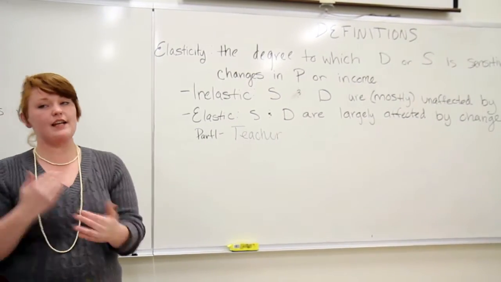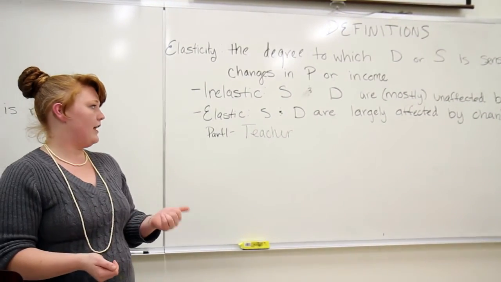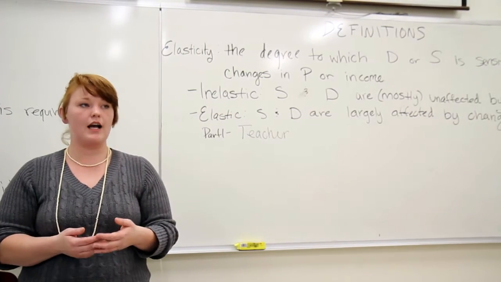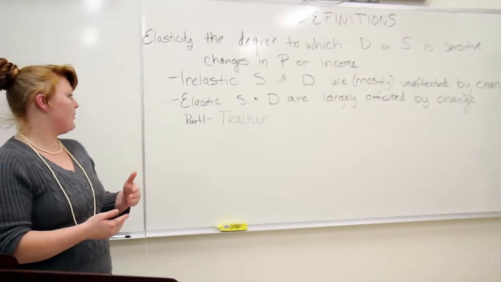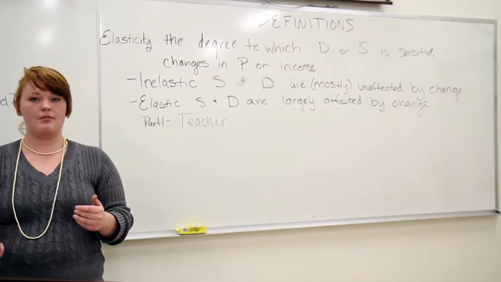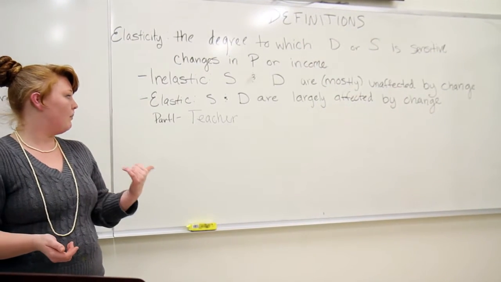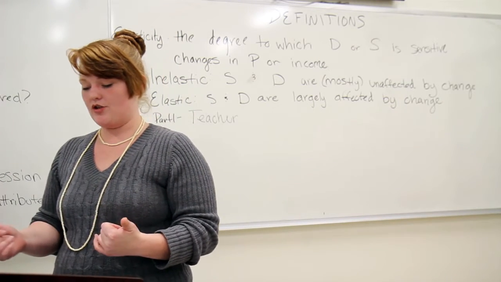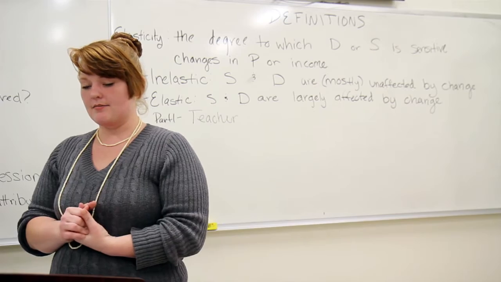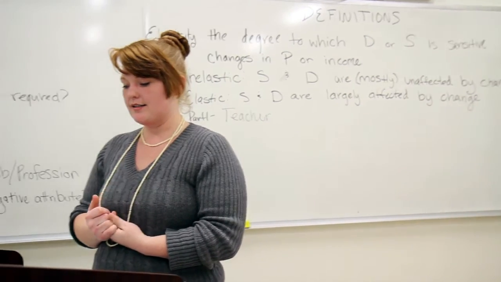Okay, if something is inelastic, we say that the supply and demand are mostly or relatively unaffected by changes in those price amounts. If something is elastic, then the supply and demand have largely been affected by that change. Okay, so when we look at this for education, this has some implications that we can analyze.